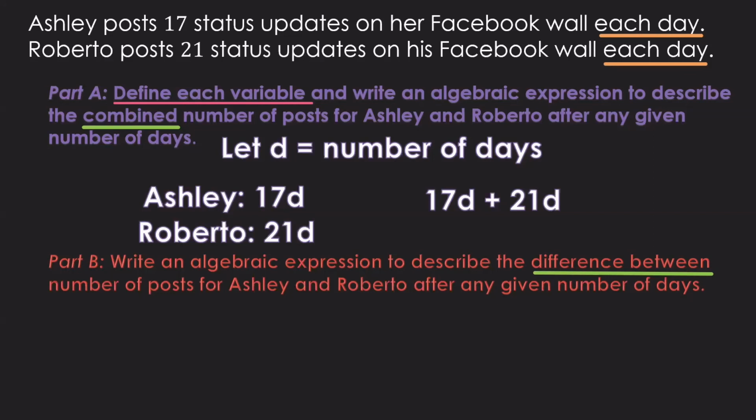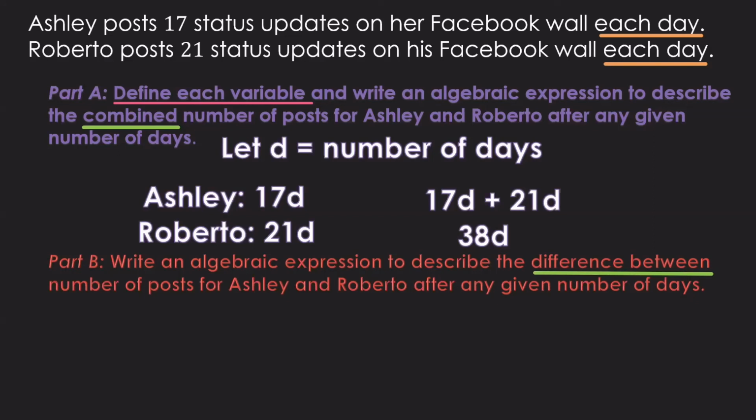But what if I wanted to simplify that? Are those like terms? They are. The reason we would simplify it is because it's much easier to plug in any given number of days to D and multiply it by 38 once versus using our first expression, okay?